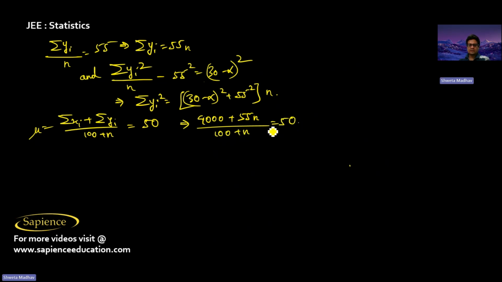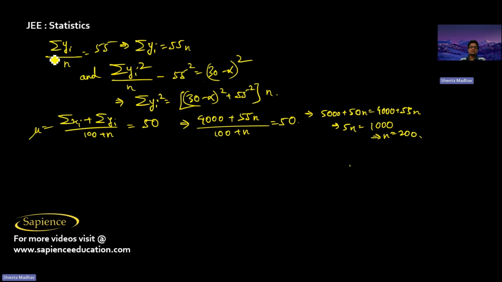So from here we can find out n. So this would be 5000 plus 50n equal to 4000 plus 55n. Therefore 5n will be equal to 1000. So therefore n is equal to 200.